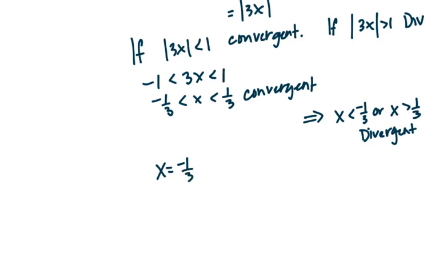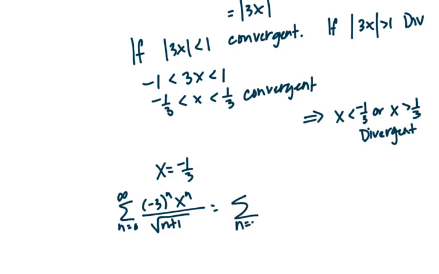So let's start with x equals negative 1/3. The series is the sum from n equals 0 to infinity of negative 3 to the n, x to the n, over the square root of n plus 1. When we test for our endpoints, we're putting those in for x. So we have the series from n equals 0 to infinity, negative 3 to the n, negative 1/3 to the n, over the square root of n plus 1.